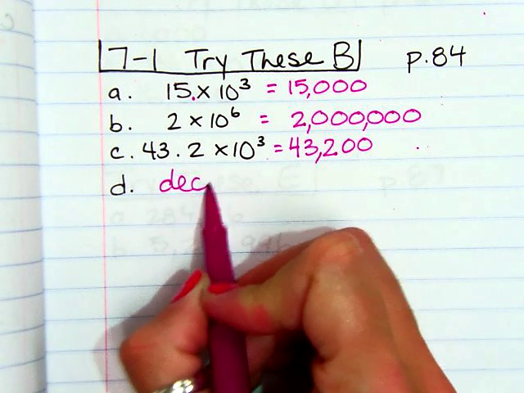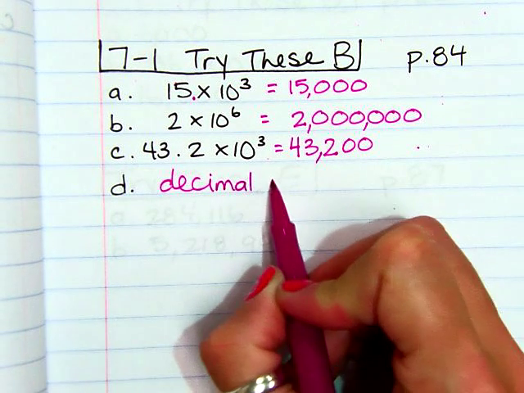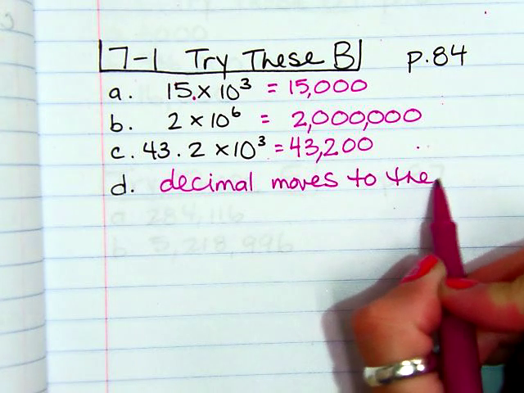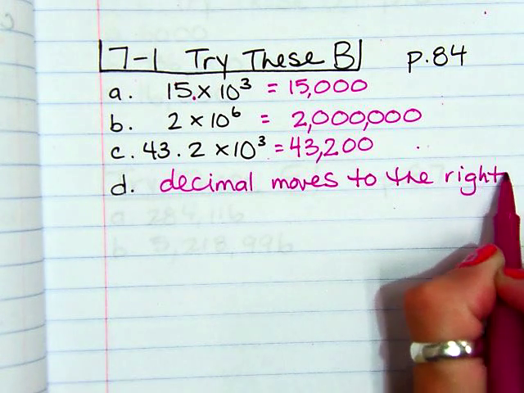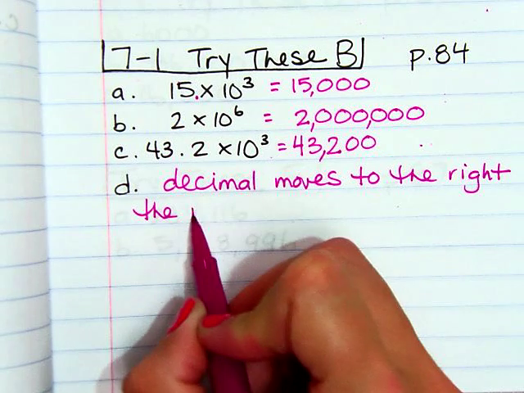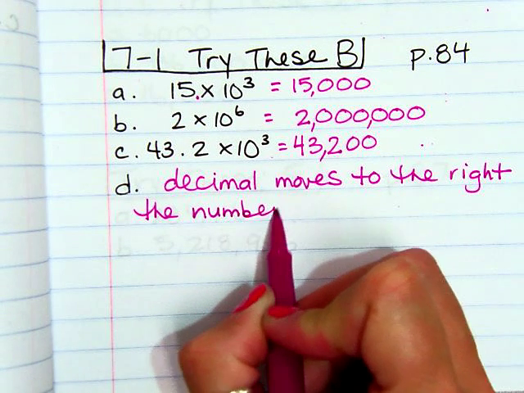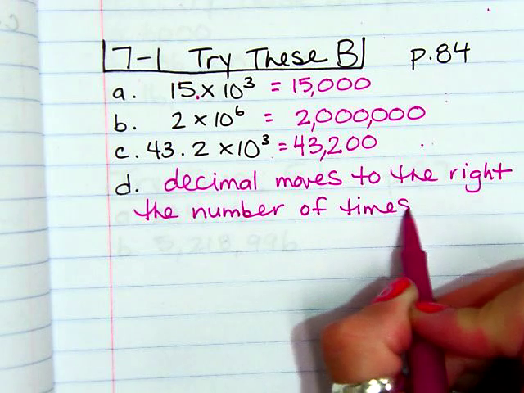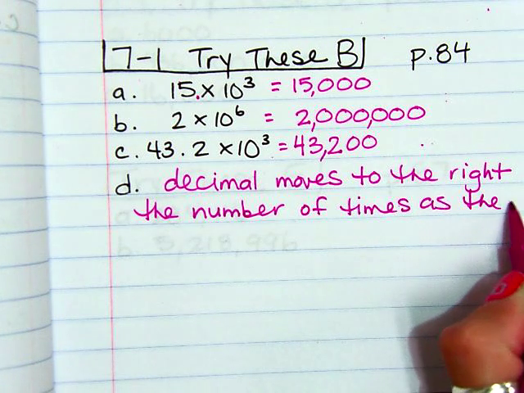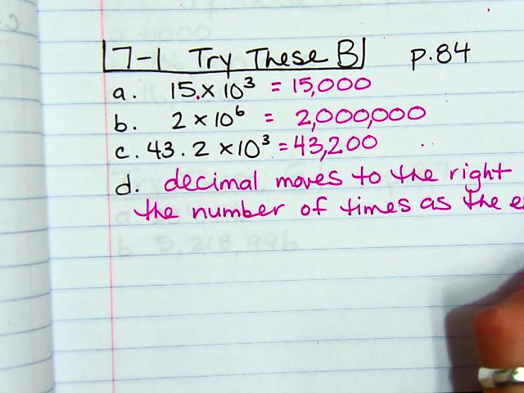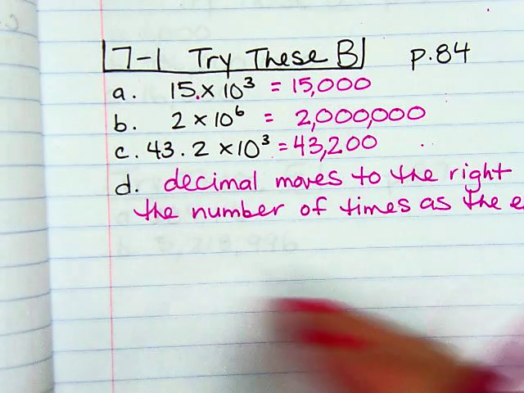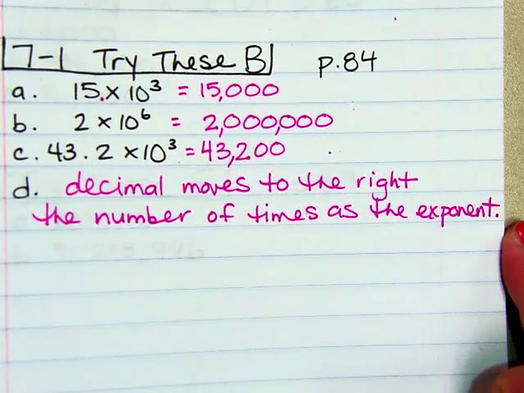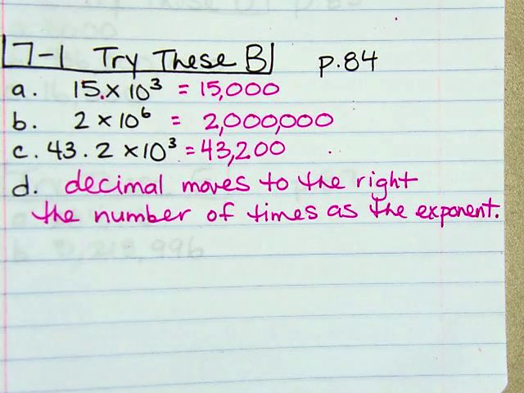So the decimal moves to the right the number of times as the exponent. So that's how I would phrase it. You can put that in your own words, okay? But that's what I have for the try these B.